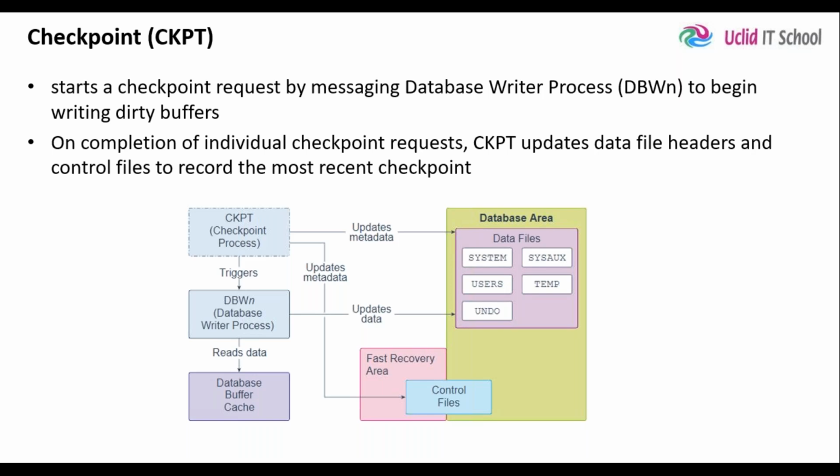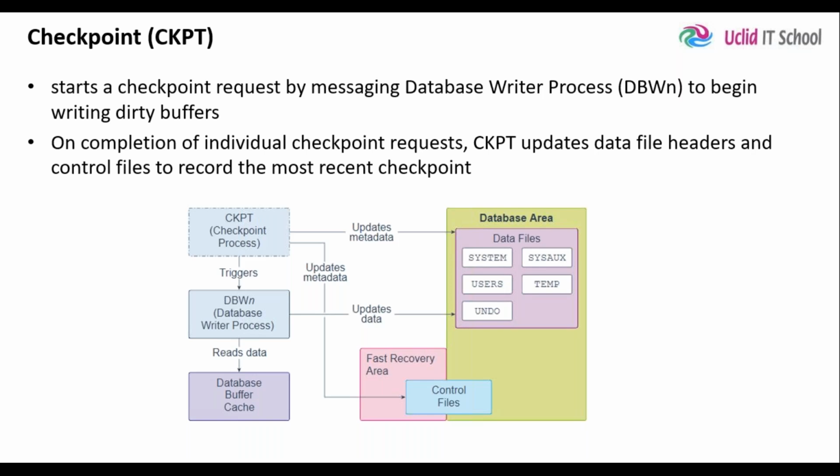It signals the database writer to write. Every now and then, at certain intervals, it will ring the bell, and whenever it rings the bell, the database writer writes the modified buffers. And after writing is completed, the checkpoint background process records this information in the control file as well as the data file headers.